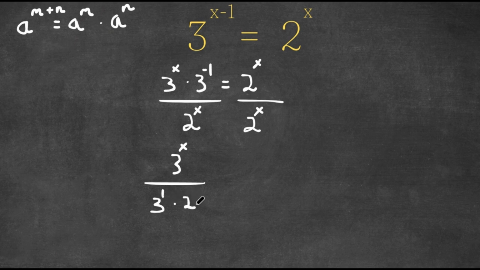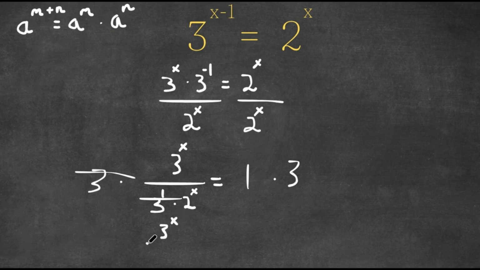So now we have 3 to the power of positive 1 times 2 to the power of x. This is equal to 1. Now I'm actually going to multiply both sides by 3. So now these two cancel out, and you're left with 3 to the power of x over 2 to the power of x is equal to 3.